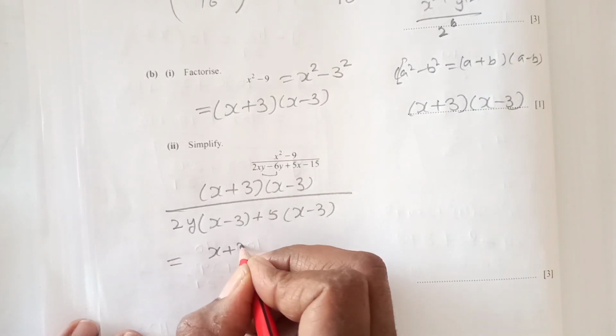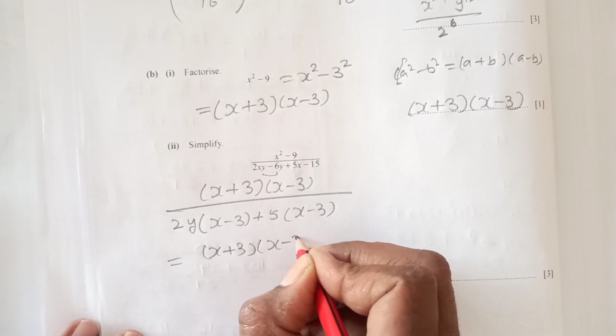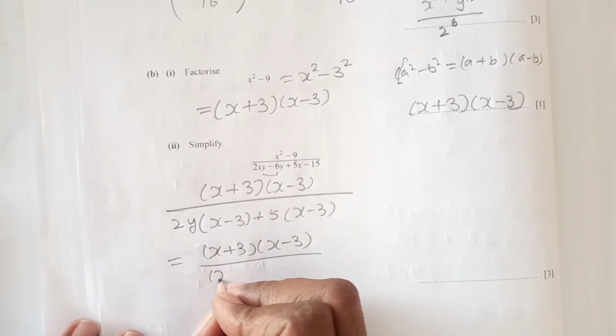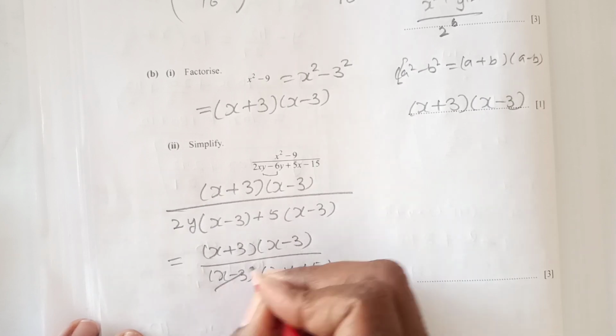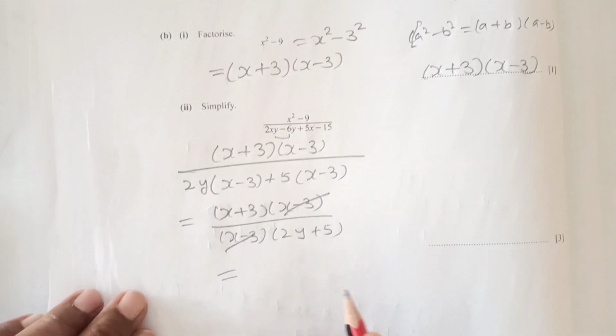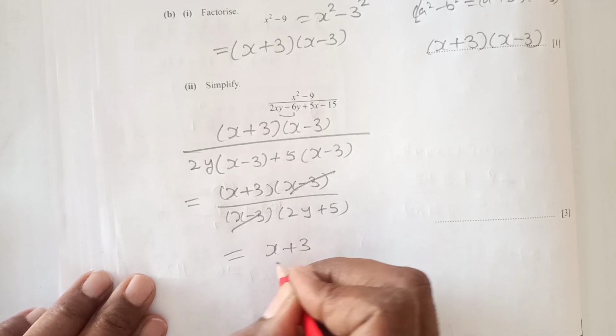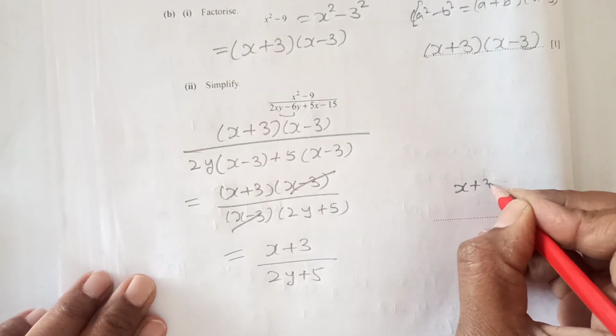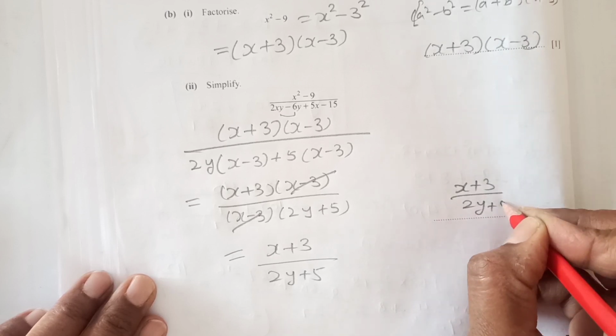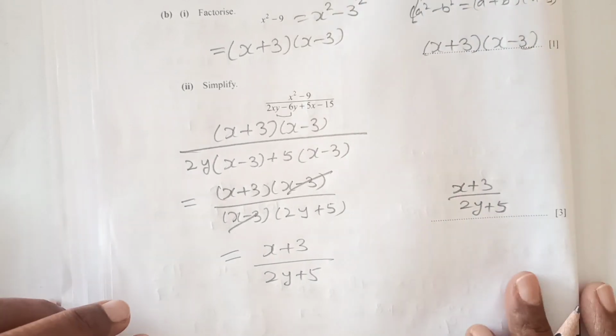So x plus 3, x minus 3, x minus 3, 2y plus 5. So this and this is gone. So we are left with x plus 3 over 2y plus 5. Right? Yeah, so that's it for this question number 9.